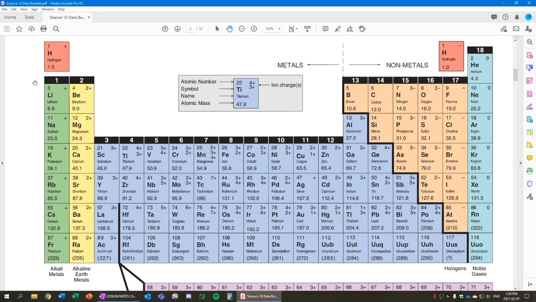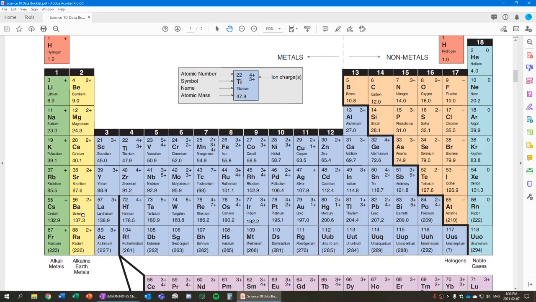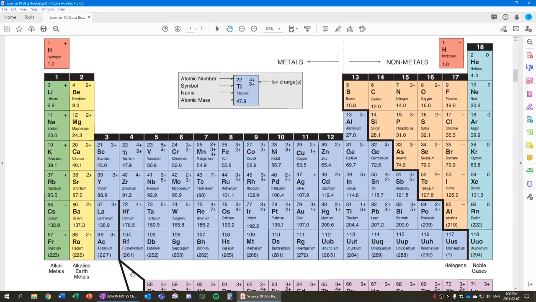They are the ones right beside the alkali metals, and these are beryllium, magnesium, calcium, strontium, barium, and radium. So these have a +2 charge. They are still reactive.